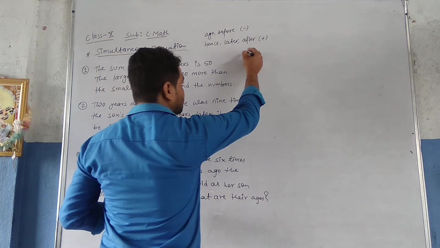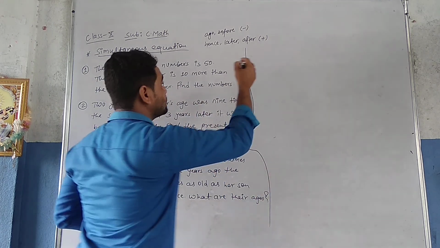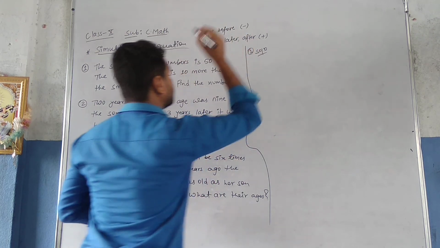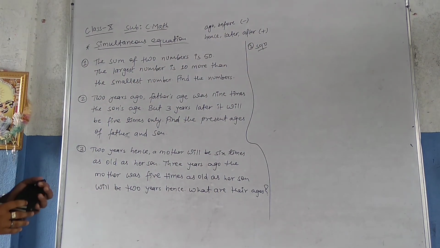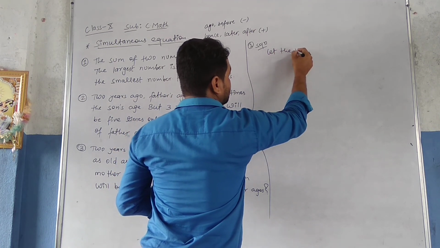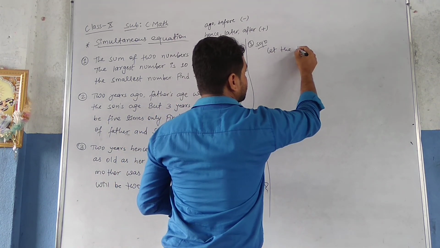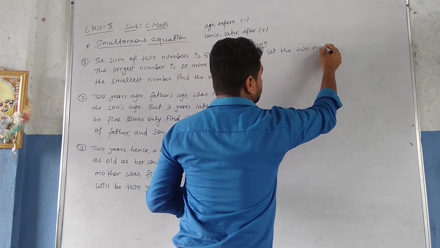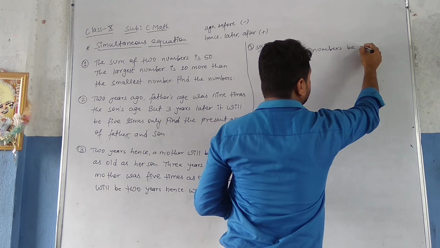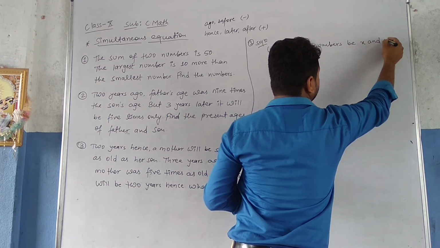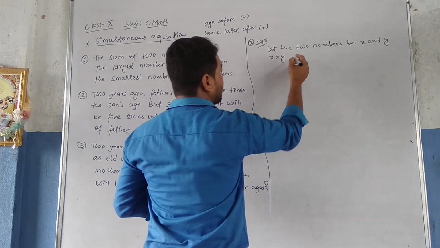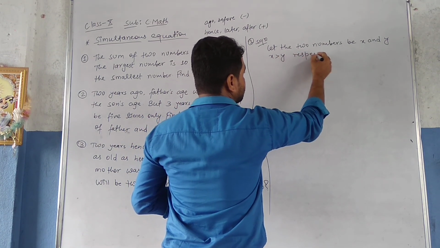Look at the solution over here. We are going to do the first question. First of all, we have to let the two numbers be x and y, where x is greater than y.